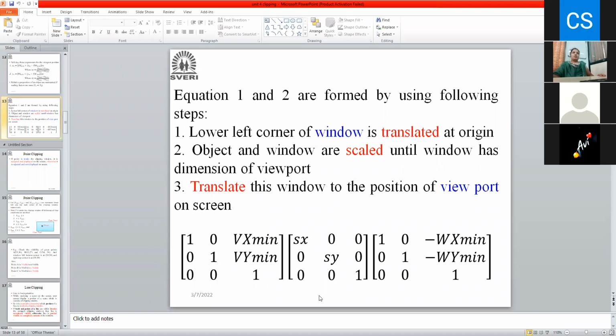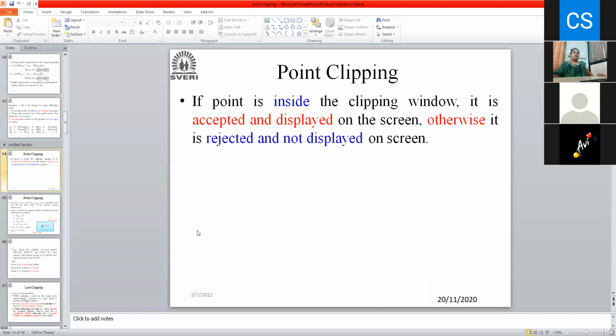With this equation, or with the multiplication of these three matrices, we can convert any object from the world coordinate system into the viewport coordinate system or physical device coordinates. So this much part we have seen in yesterday's lecture.